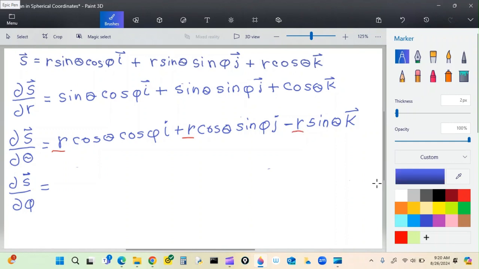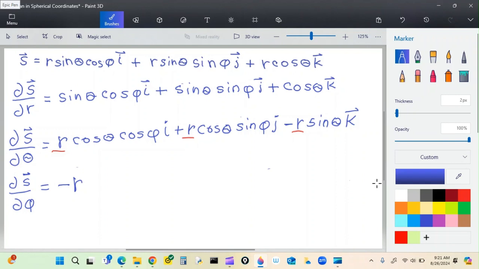Now, for this final line, we're going to focus on things that have the phi angle in them. If you look at this top line, the phi angle is in the cosine phi, so that's going to come out to be a minus sign. So I'm going to put a minus in front of this, making that minus r.